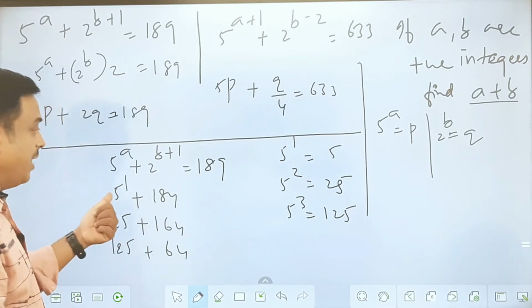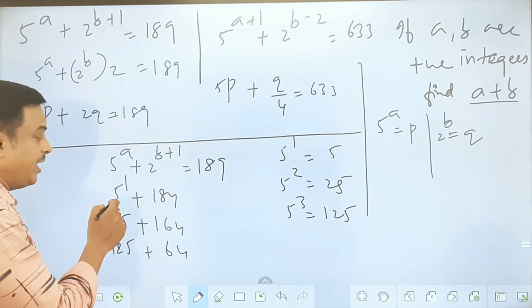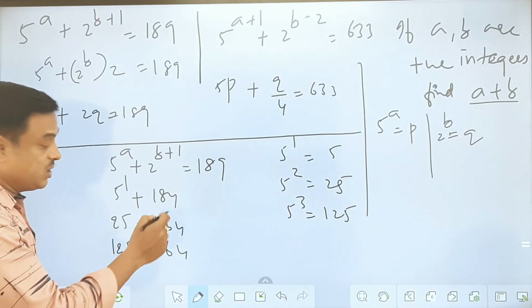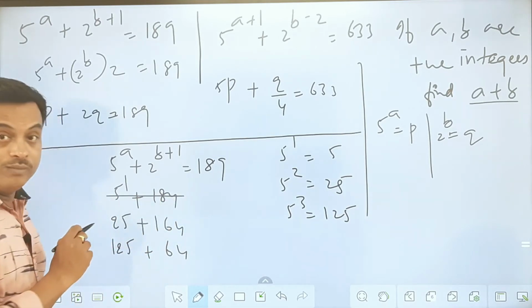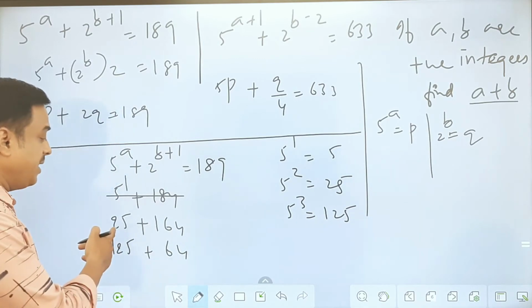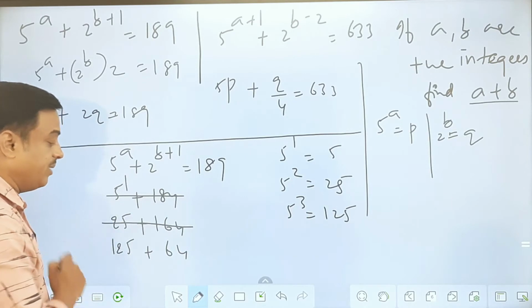Okay, all of you? 5 power 1, 5 power 2, 5 power 3. Now if you observe, if I am taking 5 power something, here the second part has to be 2 power something. So 184 is not a 2 power value. None of the 2 power values will become 184. Similarly 25 plus 164. Again 164 cannot be a 2 power value. So this will be eliminated.